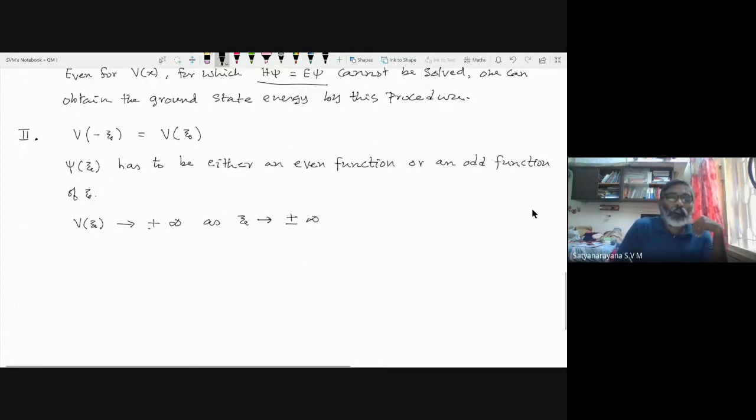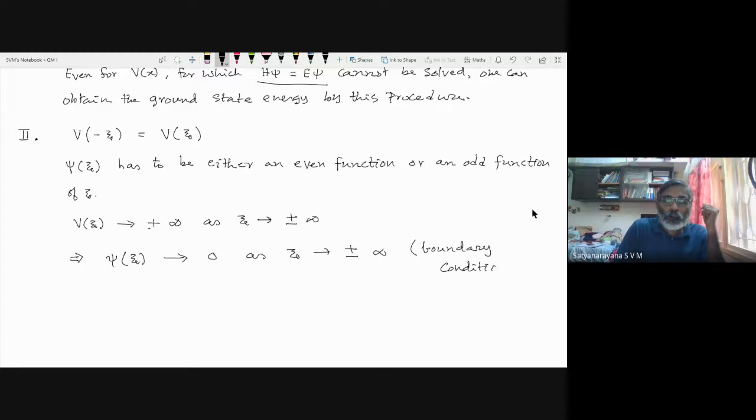That means your psi of xi has to go to 0 as xi goes to plus or minus infinity. So this is basically the boundary condition on psi.